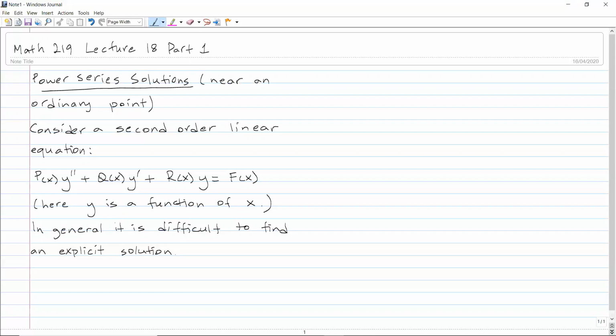So if it is not feasible to find an explicit function solution, then we try to use other ways to define a function. And one way is to give the Taylor series expansion of the function.